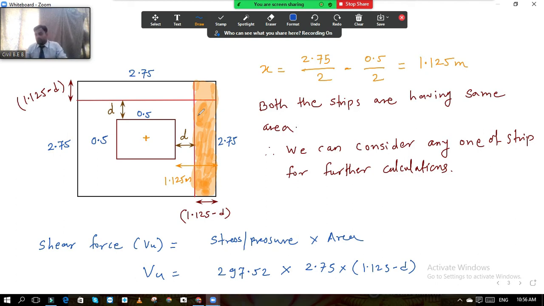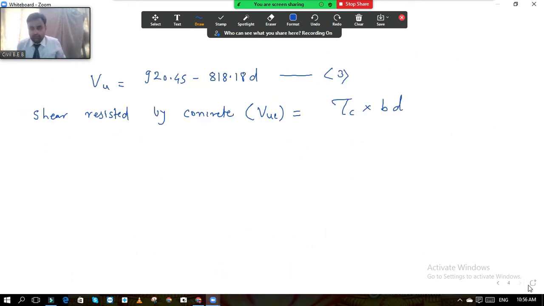Okay, so here I will draw the diagram so that it will be better for you to understand. I will draw this strip.